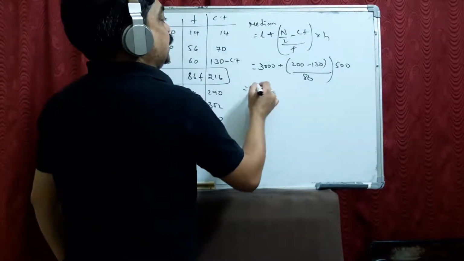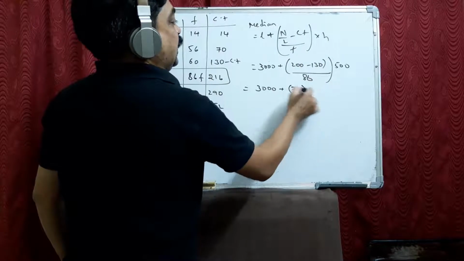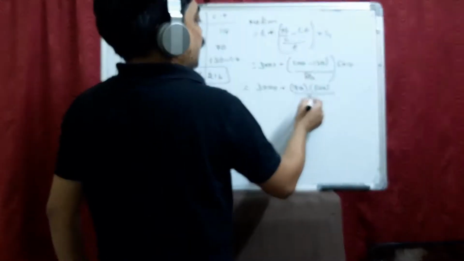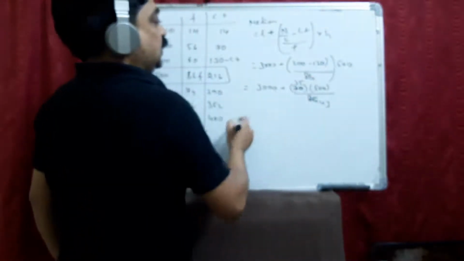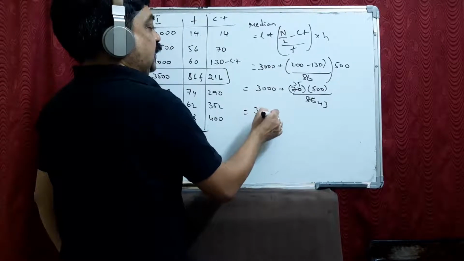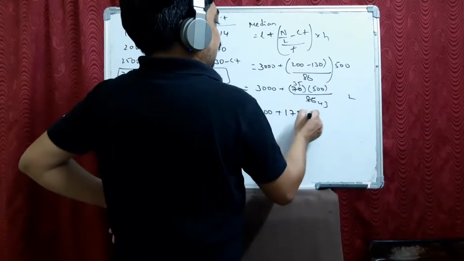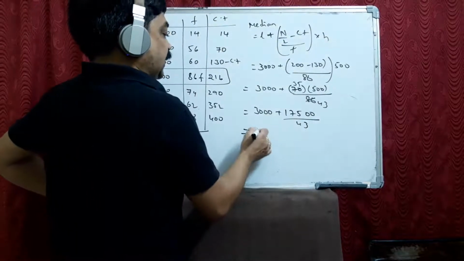So you can cancel, let us do 70 into 500 by 86. So 3000 plus 175 by 43. So you have to divide that.